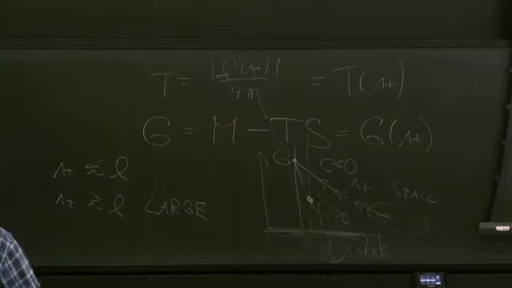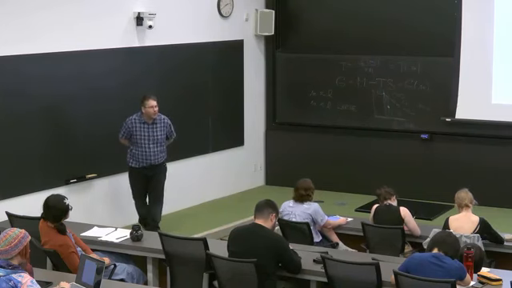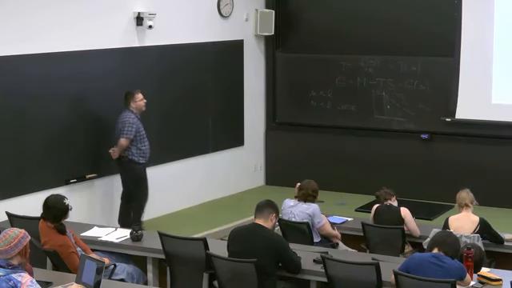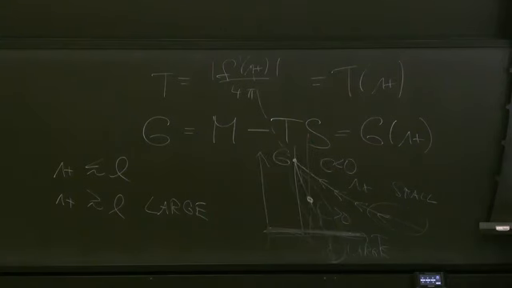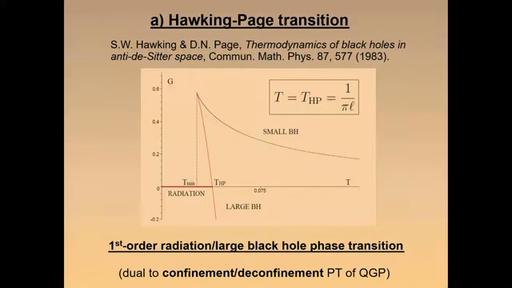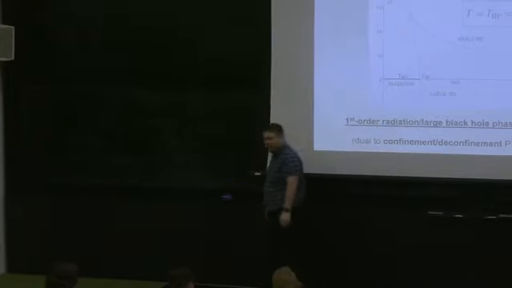If you combine the system of black hole plus radiation and want to globally minimize the free energy, then all the way up to here, the free energy of the radiation, which is zero, is smaller than that of black hole plus radiation. But here, the large black hole has smaller free energy than radiation.